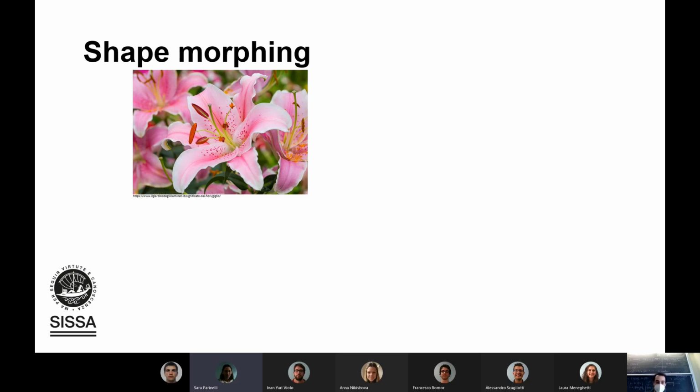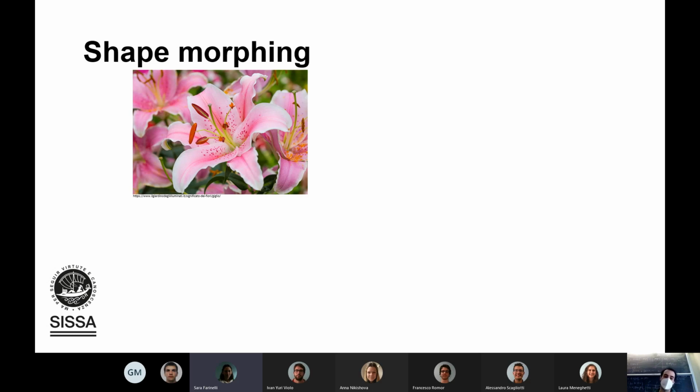Shape morphing is the discipline which essentially studies shape transformations of real material objects. Generally we study natural organisms because for living organisms it's very important to be able to perform functional shape changes which are necessary for their life.